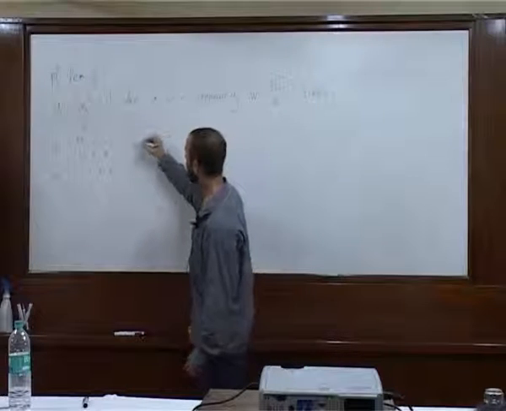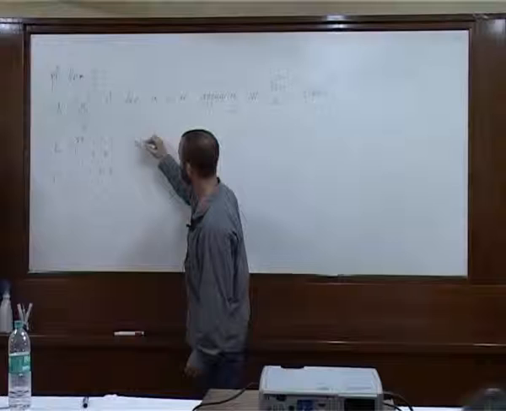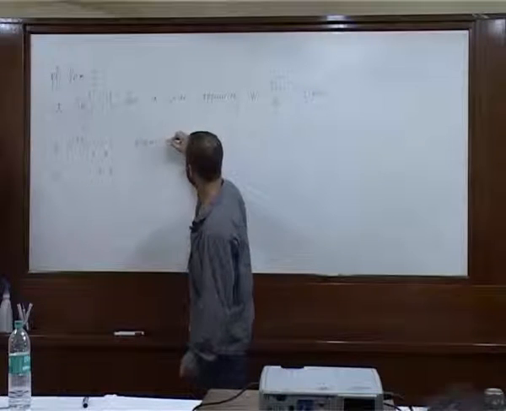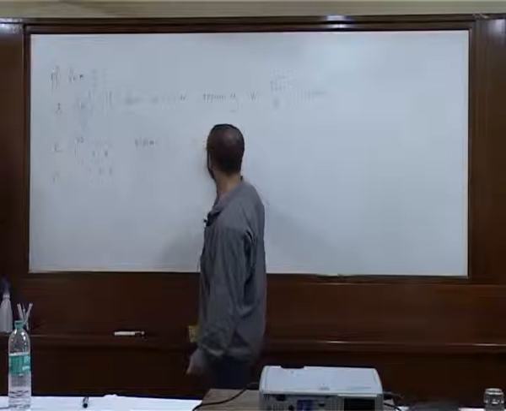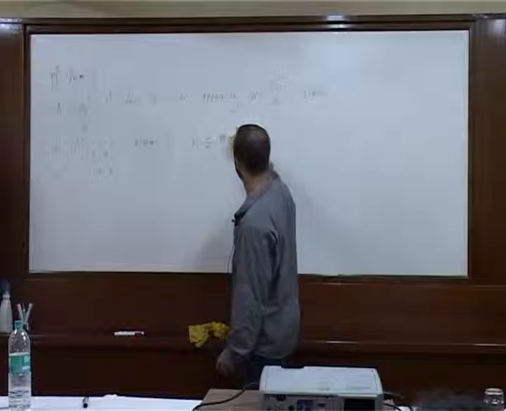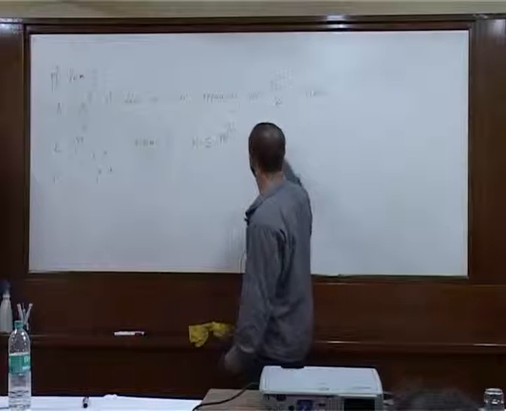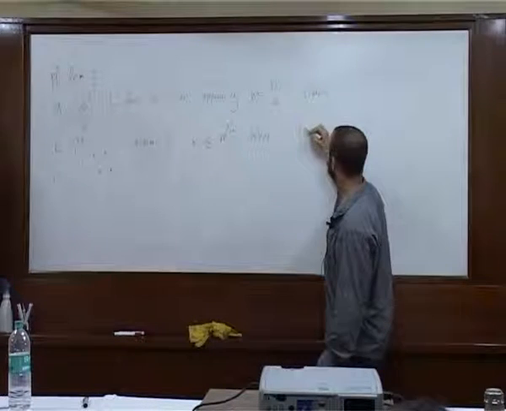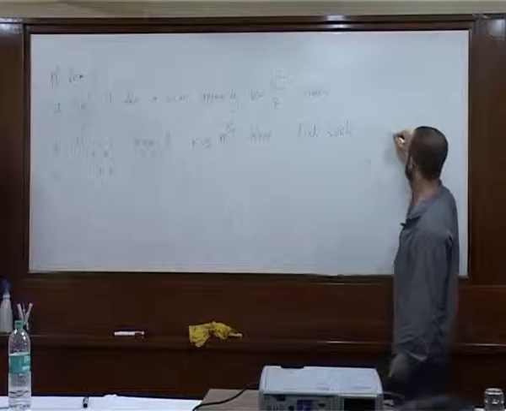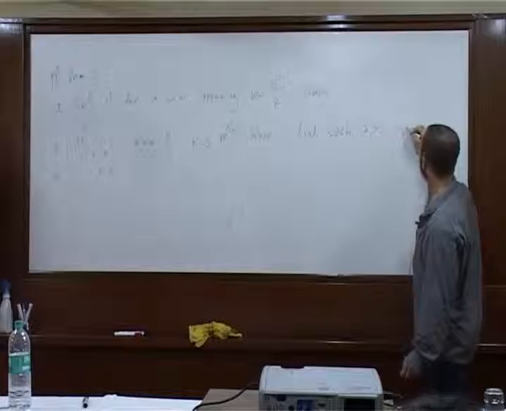So the statement, the claim, is: if k is smaller than some constant times n to the 3/2, then we find such 2 and 3 times.